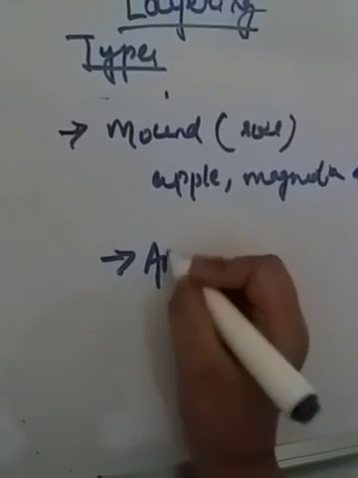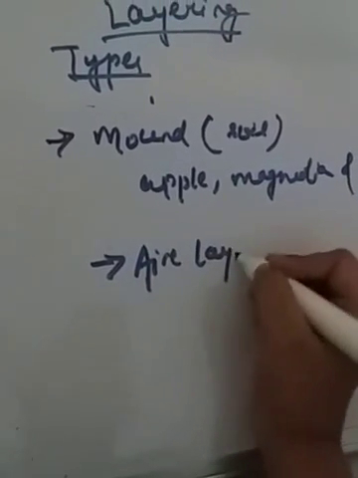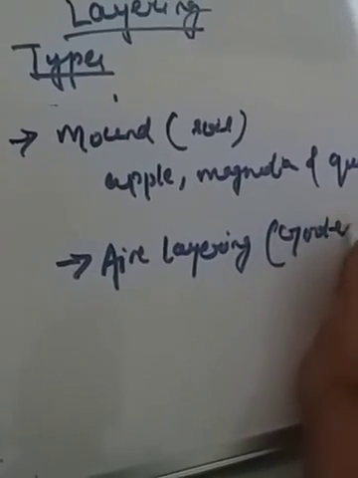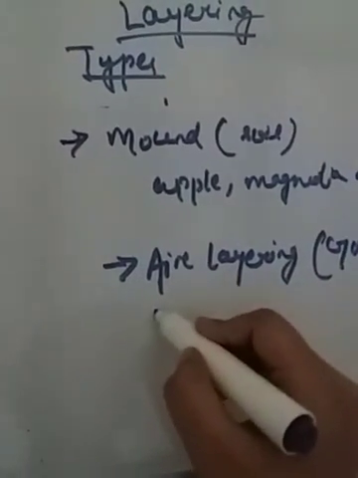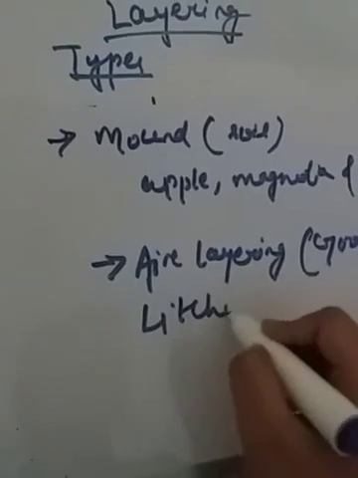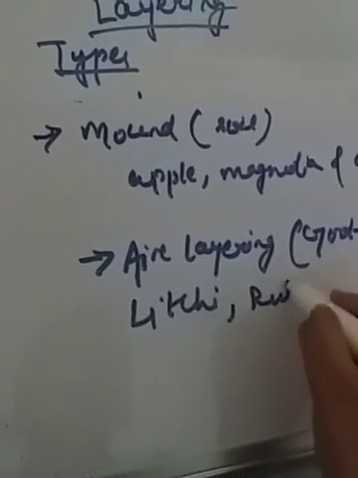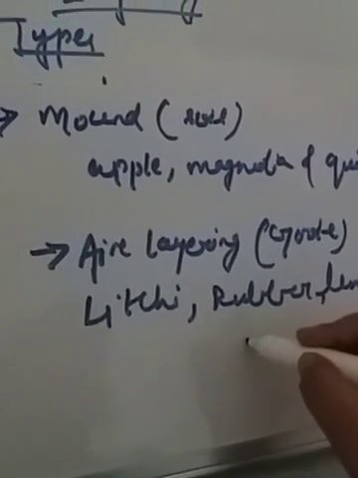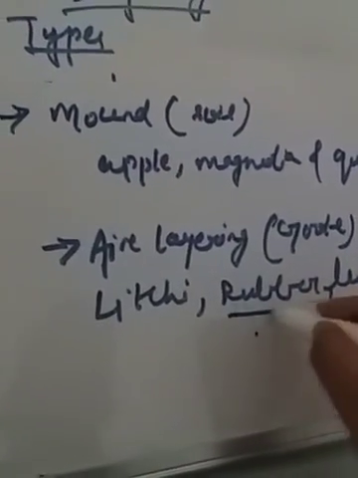And then air layering or gooti. The examples are lychee, rubber and lemon. Rubber's scientific name is Hevea brasiliensis.